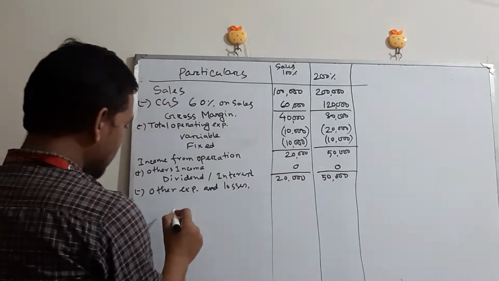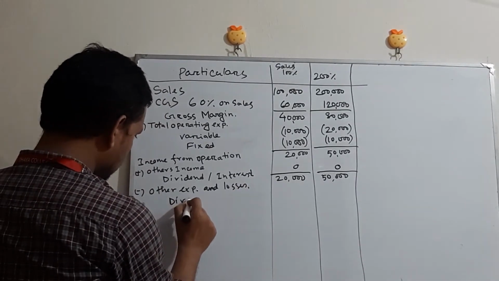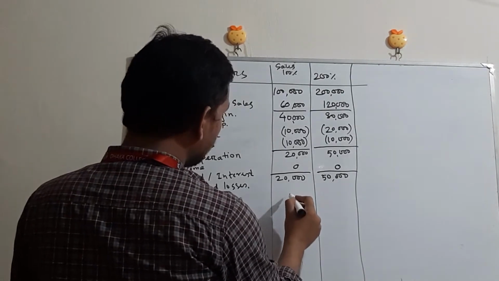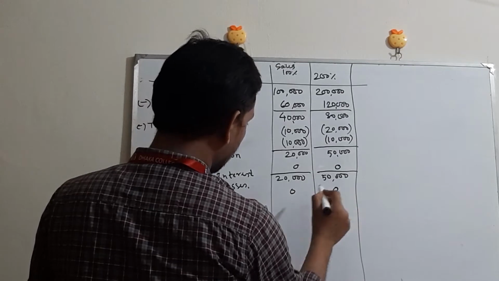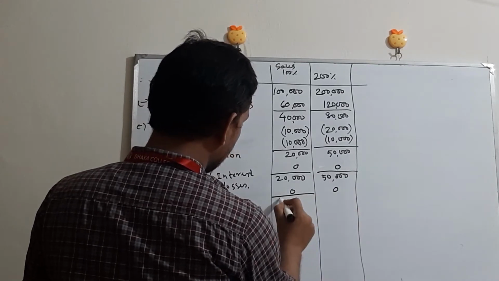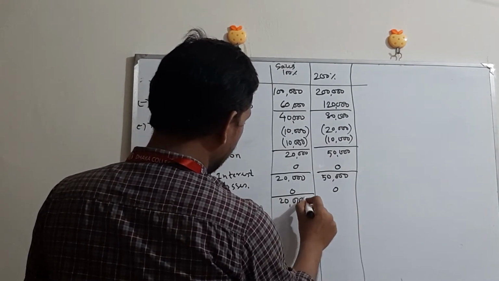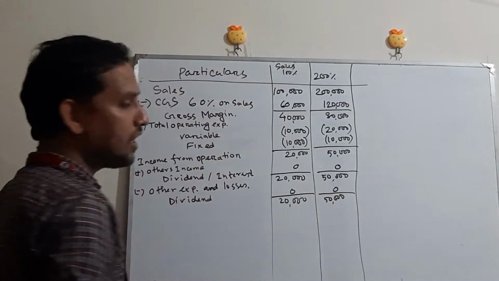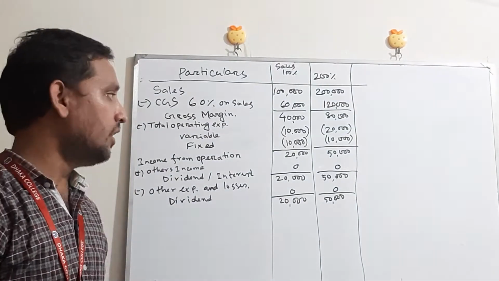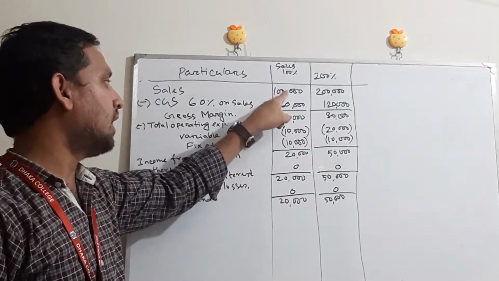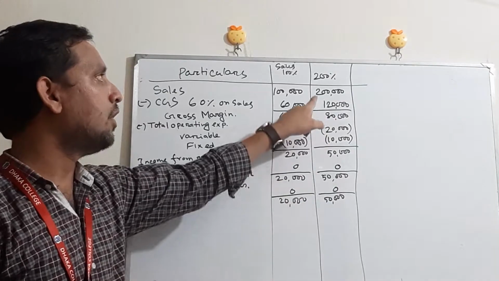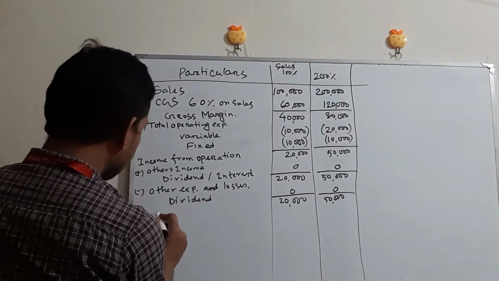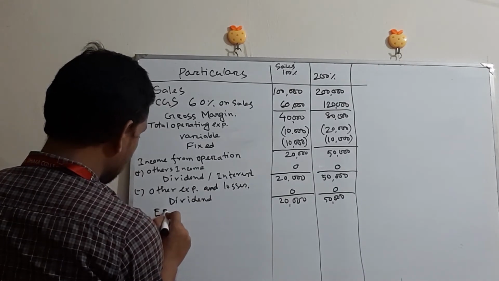There is no dividend expense here, so EBIT is 20,000 taka and 50,000 taka: 20,000 taka for 1 lakh and 50,000 taka for 2 lakh sales.